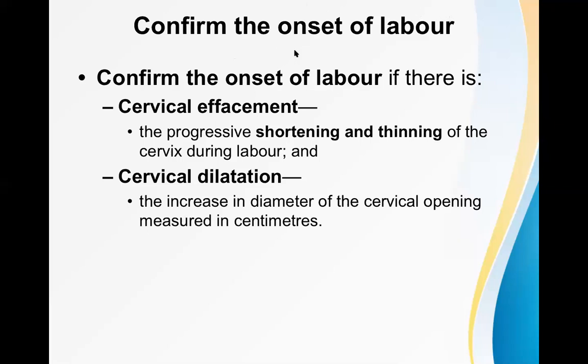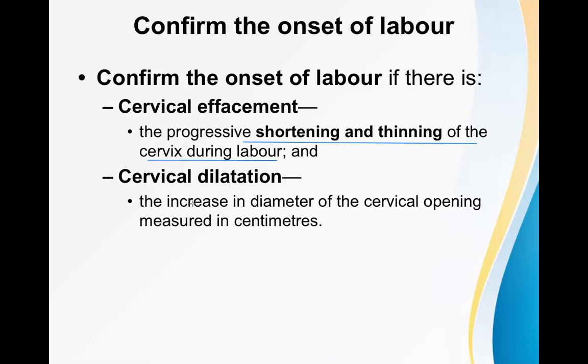So let me explain this. The progressive shortening and thinning of the cervix during labor is called effacement. It is shortening and thinning. Gradually the cervical canal which was there gets shorter and shorter, and ultimately that canal would disappear. This is called cervical effacement.